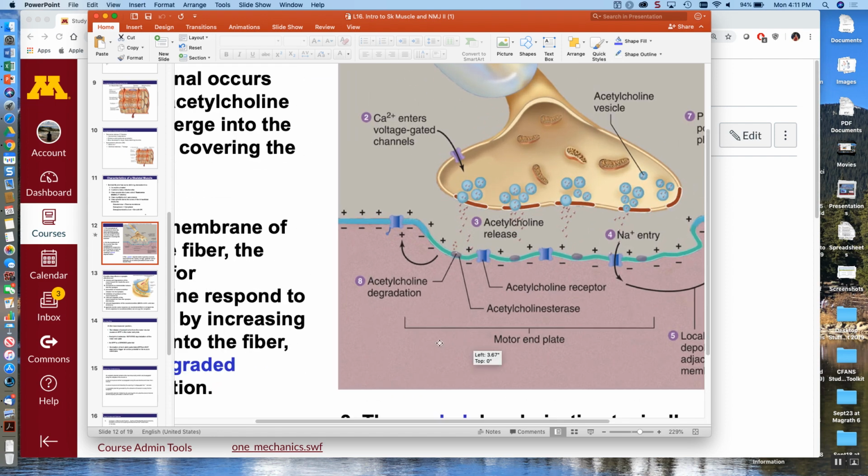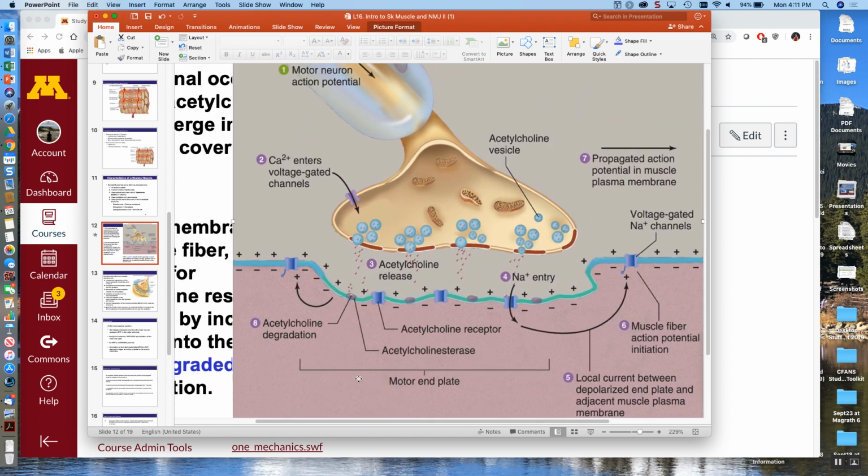All right. So it actually starts with the action potentials traveling down the motor neuron, and that depolarization wave reaches the axon terminal end. That's enough of a depolarization to open up these voltage-gated calcium channels.